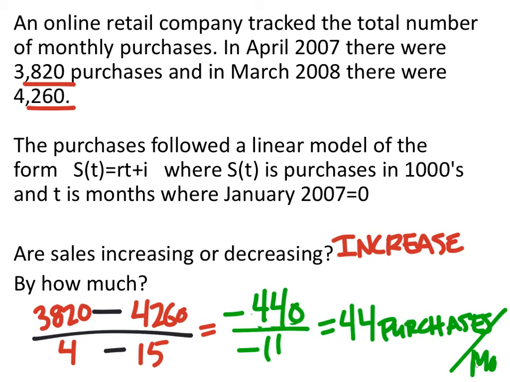Now, of course, this is going to lead to that function that we have up there, S of t equals R t plus I. And we know the R already. That's the 44 purchases per month. We just have to figure out an initial value to write this in. The initial value will be however many purchases were made in January 2007, which we'll figure out.